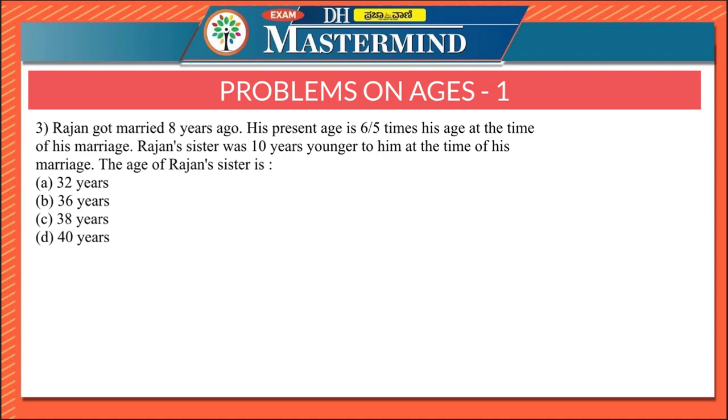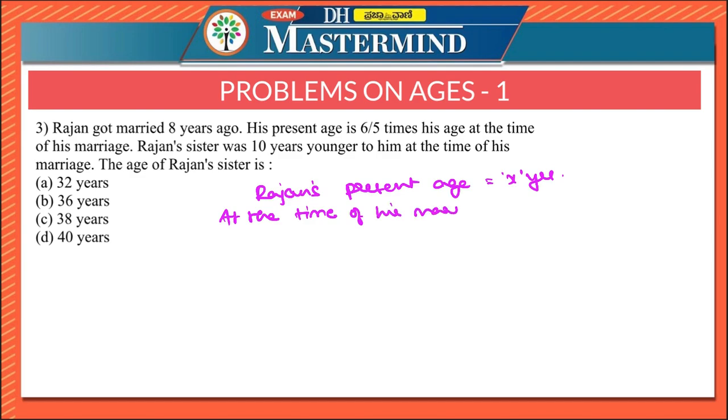So, first of all, let us assume Rajan's present age be X years. Rajan's age at the time of his marriage, according to the data, he was married 8 years ago. So, at the time of his marriage, his age would be X minus 8 years.